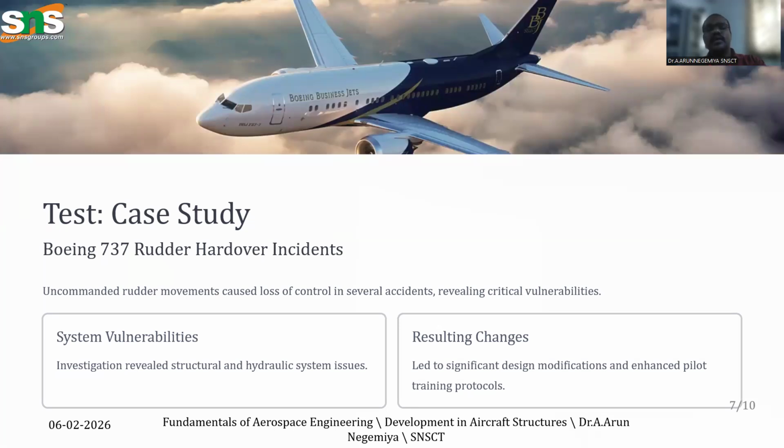In the Boeing 737, we generally found loss of control, and several accidents were found to be loss of control only, like radar mismatching and control surfaces not working, like aileron, elevator, rudder. These are all the conditions. We will find this type of problem with the help of sensors.